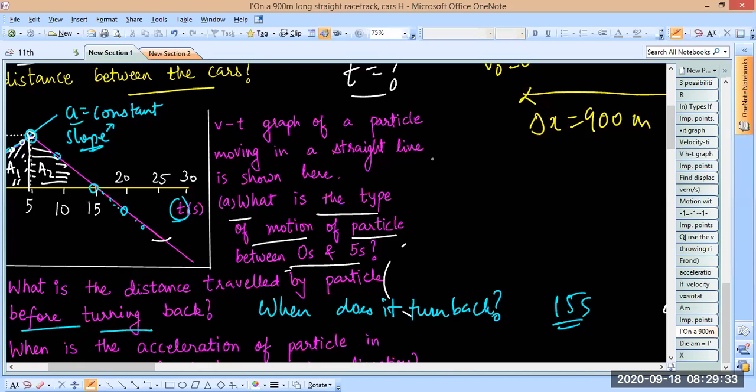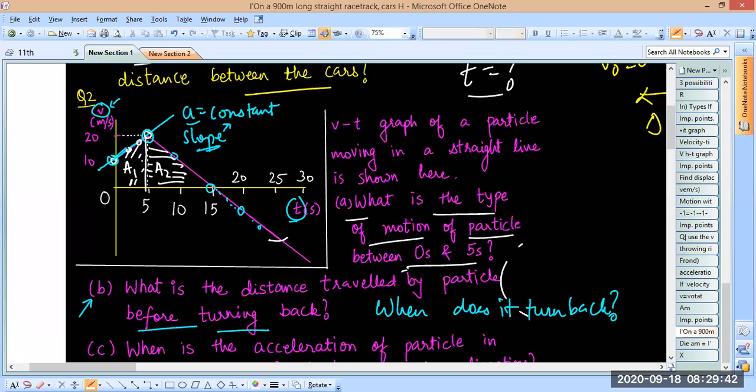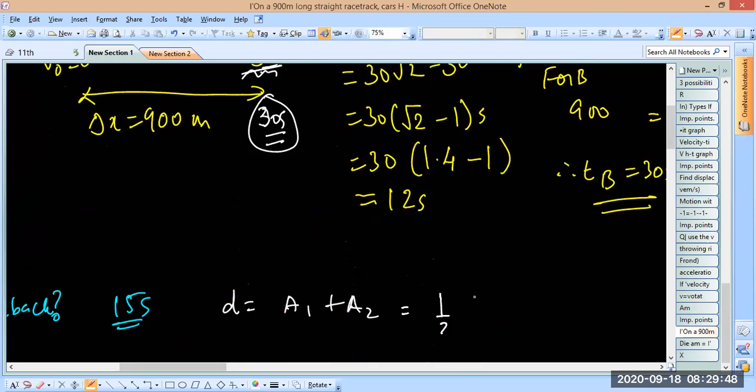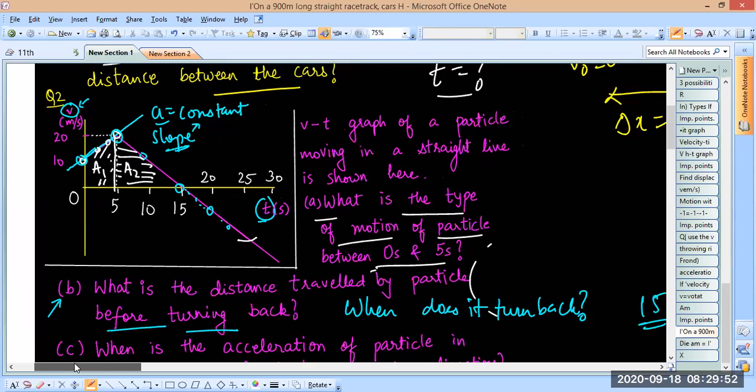Yes, at 15 seconds, object turns back. So here we are going to find out area of this trapezium. We can do it very easily using that formula. That's going to be half into distance between parallel sides, which is 5.